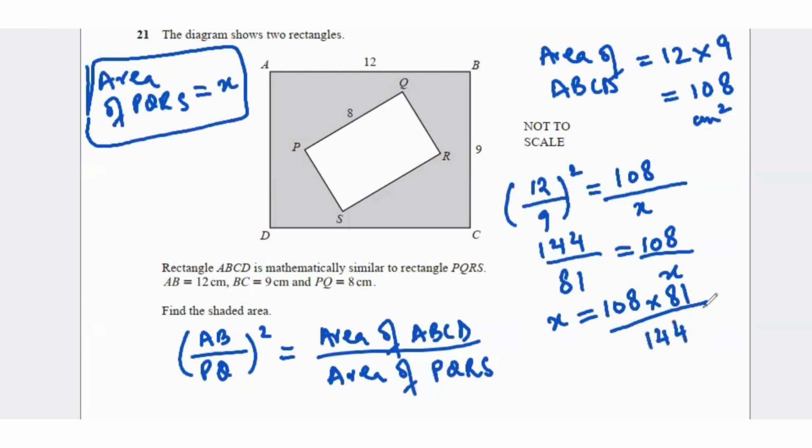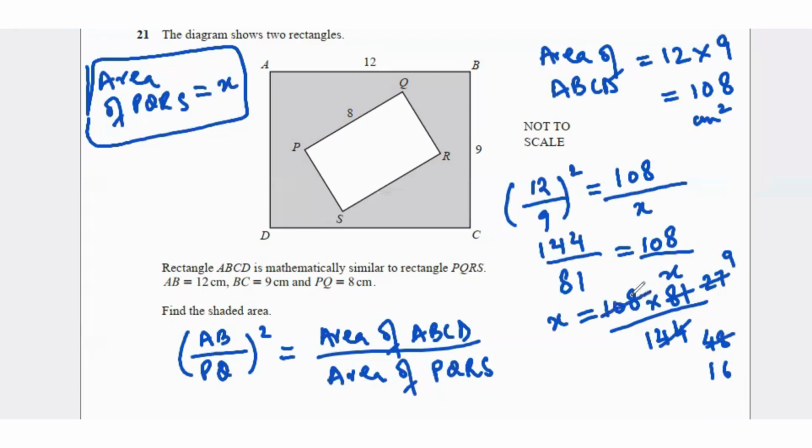And now let's simplify this. We know that 144 is divisible by 3, so if we divide that by 3, we get 48, and 27. We can still simplify 48, that's divisible by 3, so that's going to be 16, and that's going to be 9. 108 and 16 are divisible by 4.